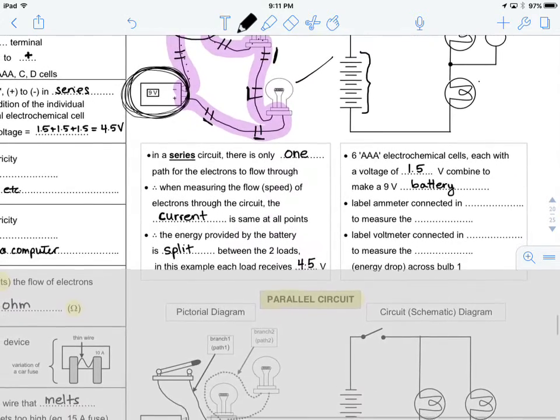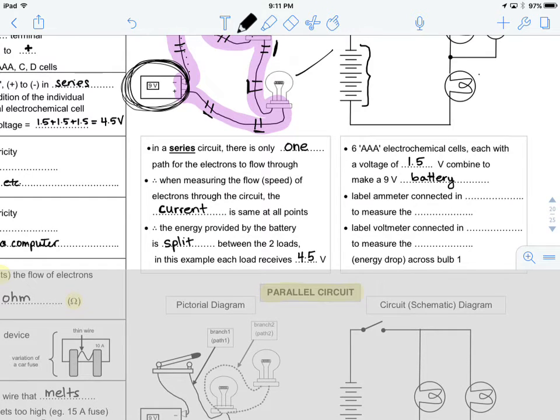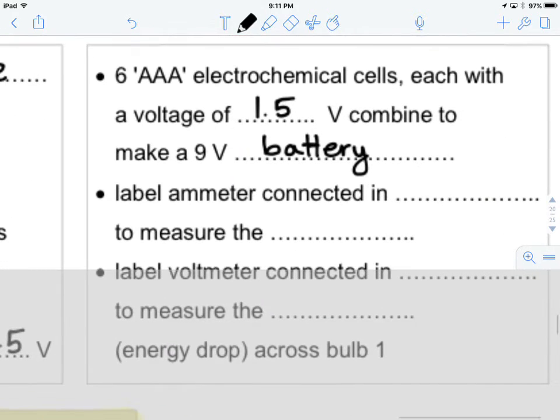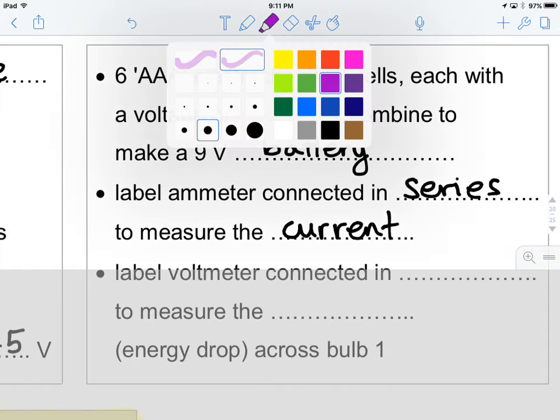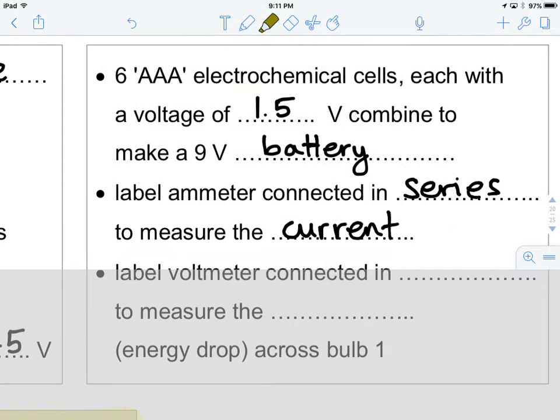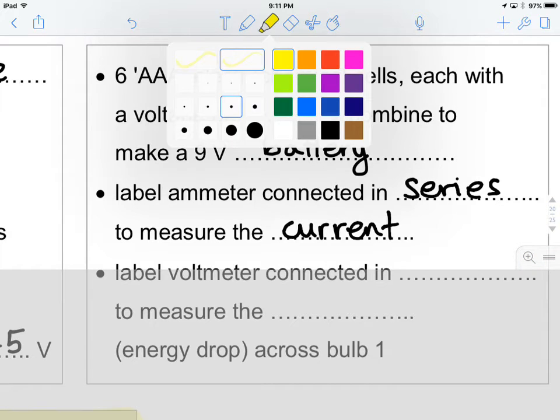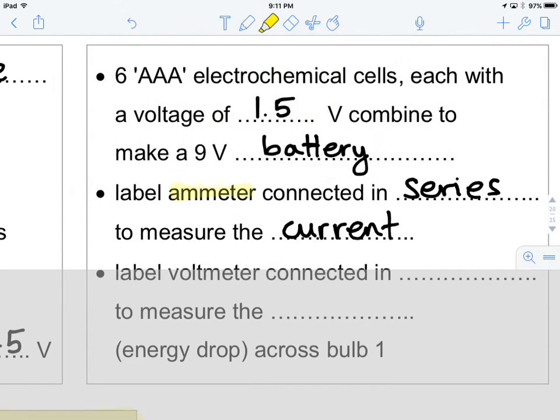And so what we have is, we want to label the ammeter. Remember that the ammeter is connected in series to measure the current. So this is what's important: an ammeter measures the current, and we connect it in series.